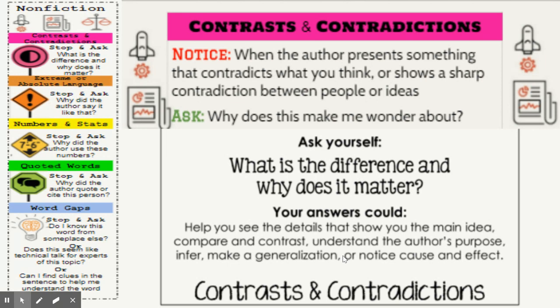So the reason we do this is that it helps you to see the details that show you the main idea, to help you to compare and contrast, understand the author's purpose, make inferences, make generalizations, and notice the cause and effect that the author might be trying to use in their presentation of their ideas. This is often a subject that many of you sometimes struggle with, because the topic of a nonfiction piece and the actual details or main idea might be a little bit different.